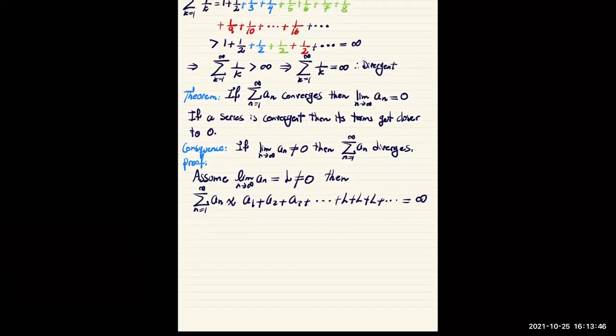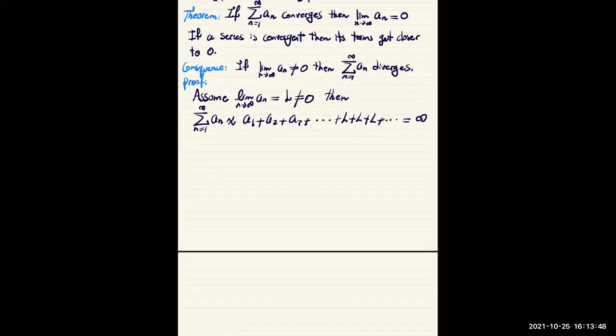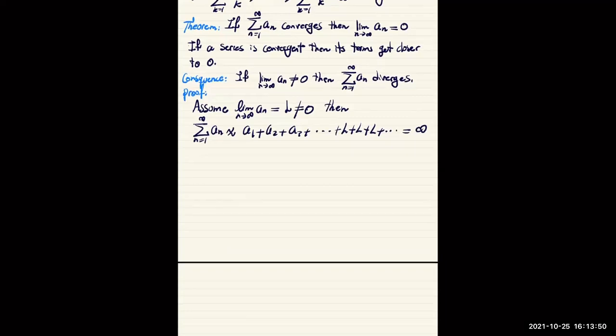Let me show you an example. Let's say we go with 3n over n plus 1. This series.